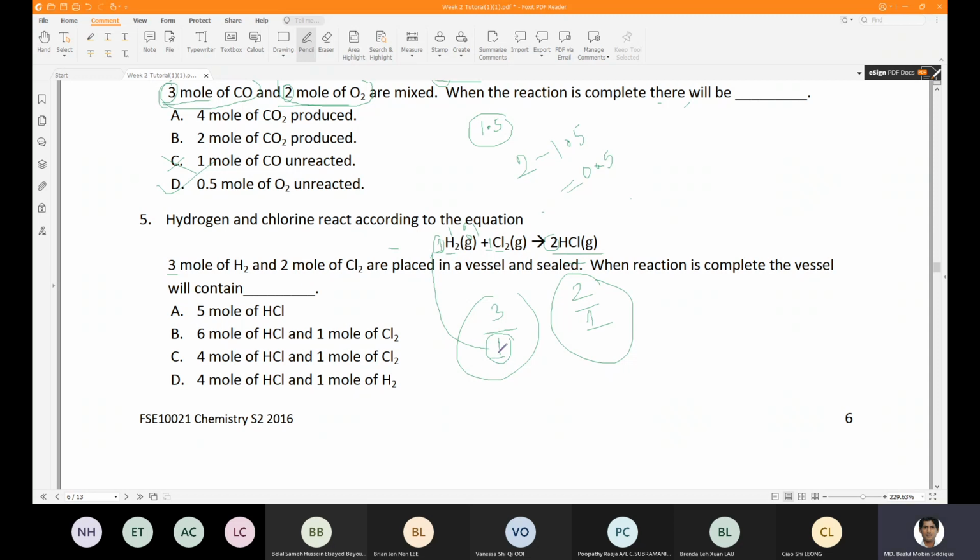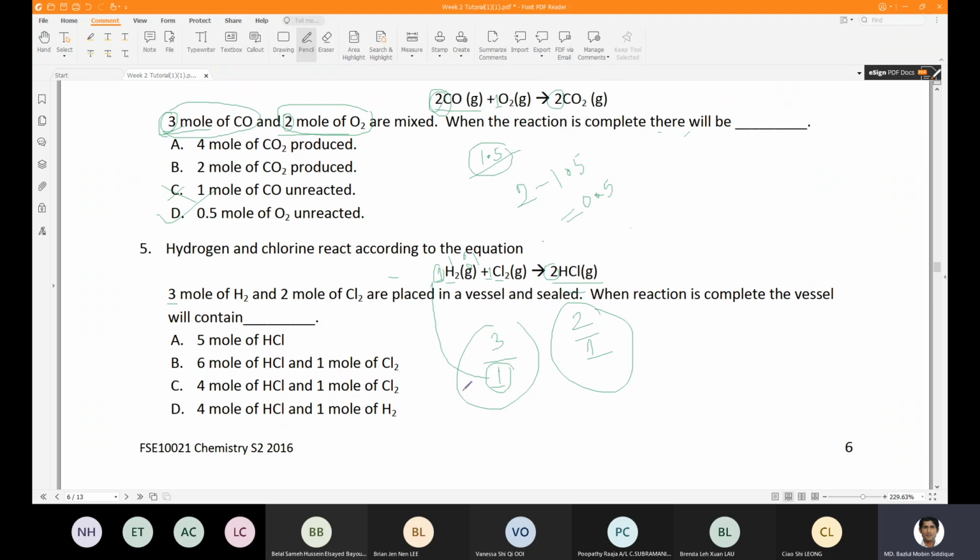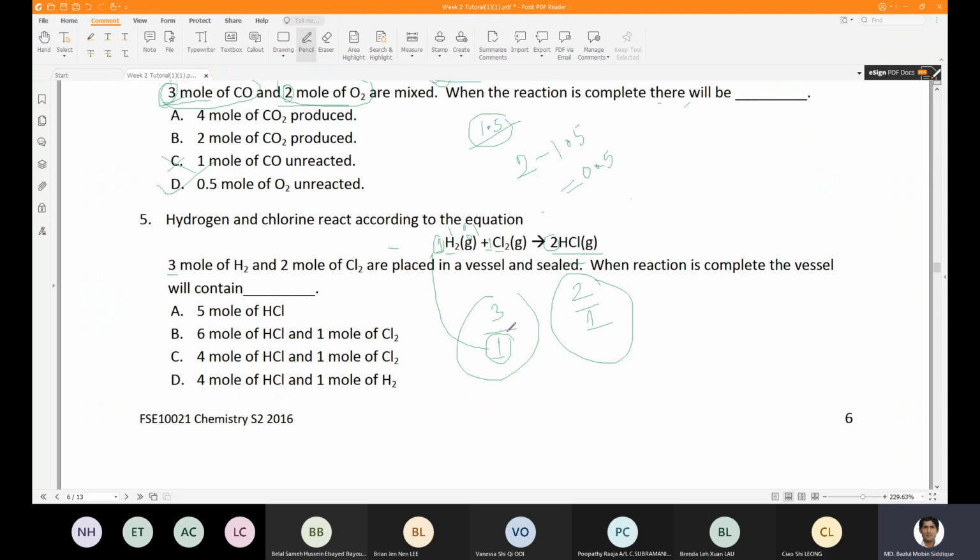So I will divide by 1. If it was anything more than 1, just like 2, I would divide 3 by 2 and get 1.5, right? So I divide by 1, and then I know that this is 3 and this is 2. So 2 is smaller than 3.